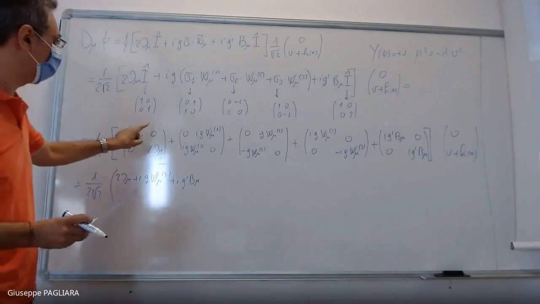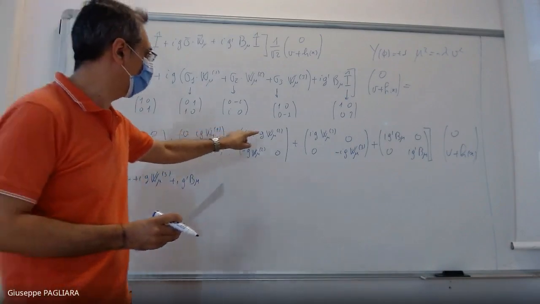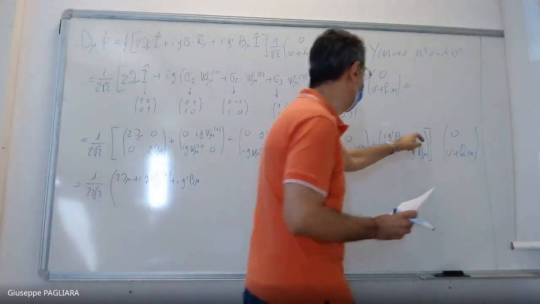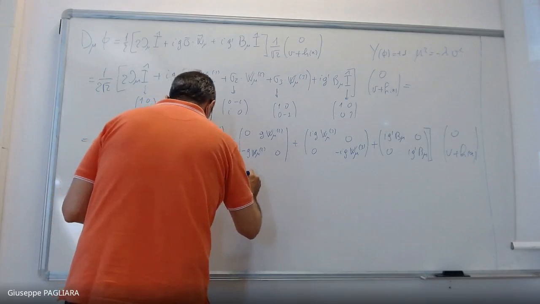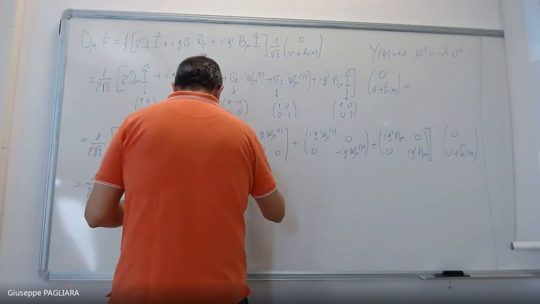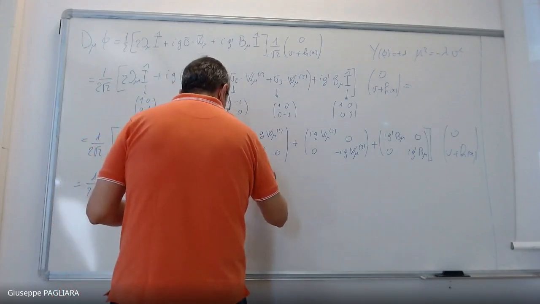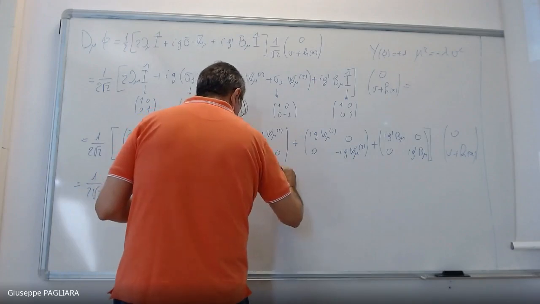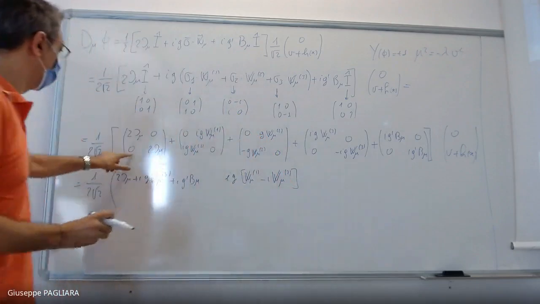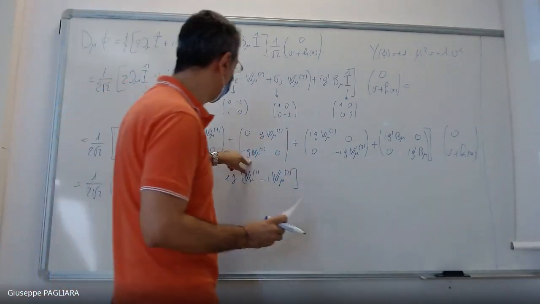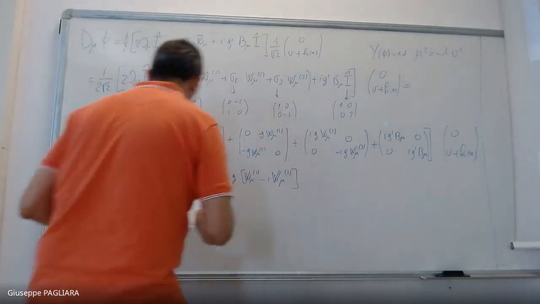Now we go to the second: 0 plus i g W1 plus g W2 plus 0 plus 0. So this is i g W mu 1 minus i W mu 2. Now we have 0 plus i g W1 minus g W2 plus 0 plus 0.